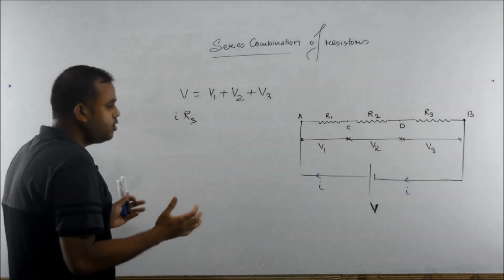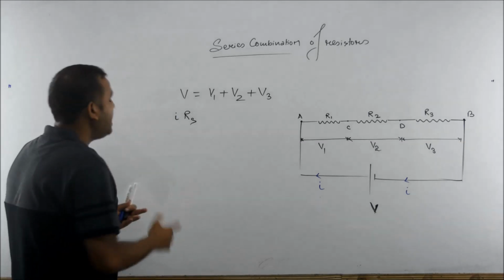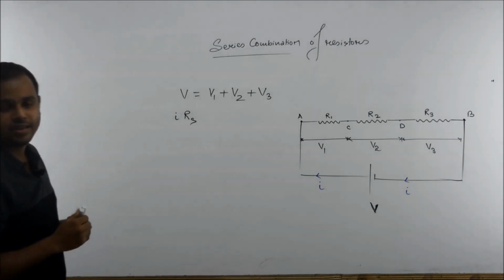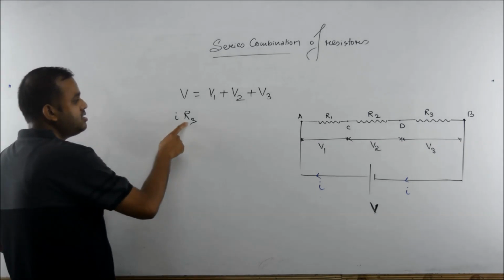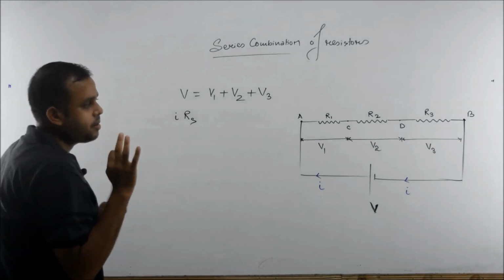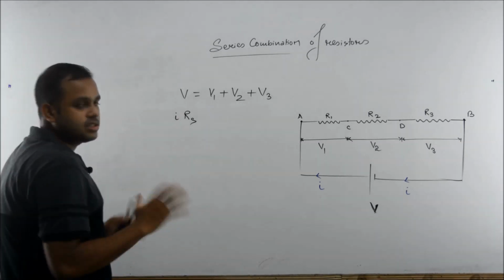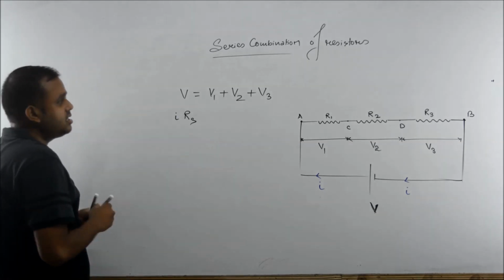We don't know. Let us write it as Rs. Clear? S for series. Simple. So this is the combined resistance, the total resistance.